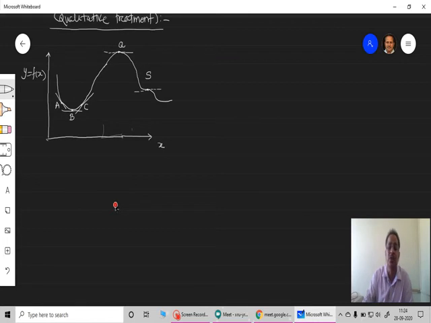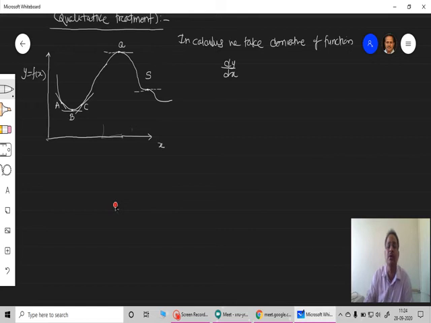Okay, so here in calculus we take the derivative of a function. Okay, that is what I write as delta y upon delta x. We can also call it the differential of function f with respect to x.